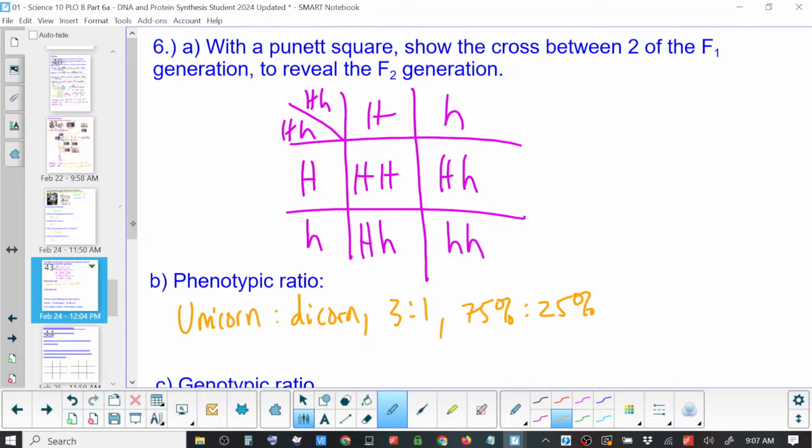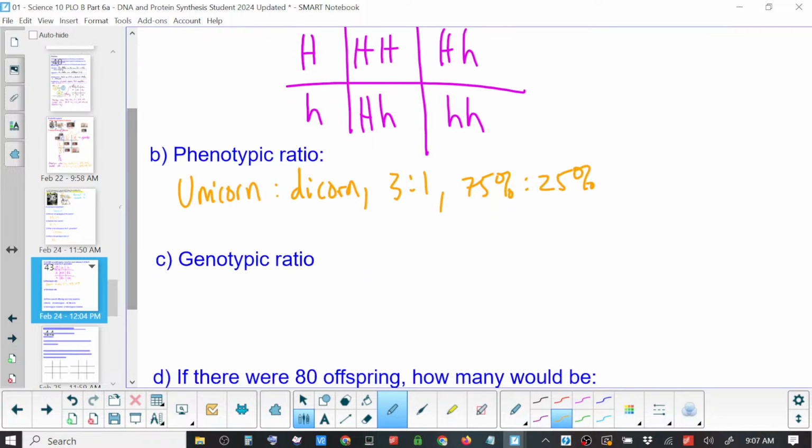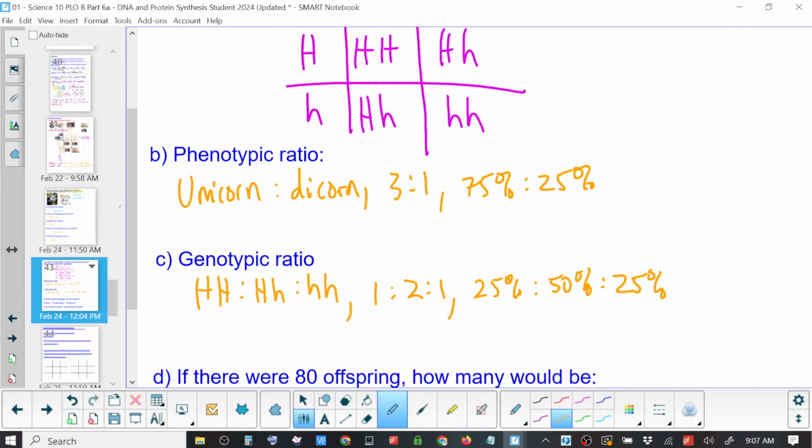What's heterozygous? Tell me how we're all heterozygous. We have to do it 80 times.